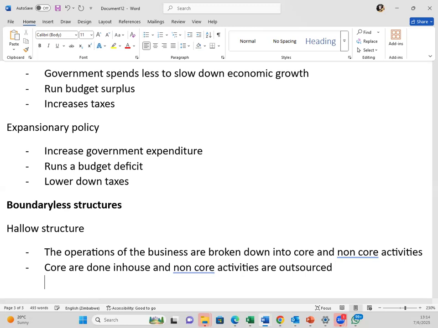So that is if the organization is using the hollow structure. For the core activities, they make sure to do these ones in-house. Then the non-core activities, if pressure mounts, we can outsource the non-core activities.